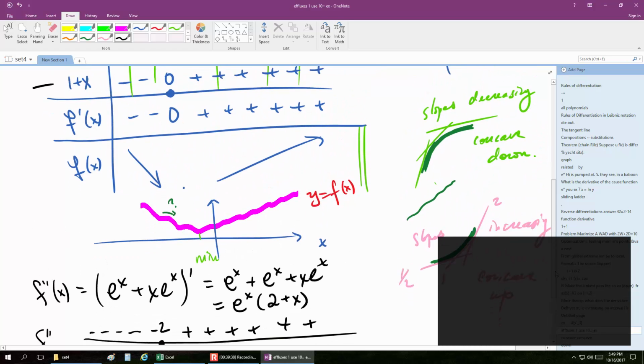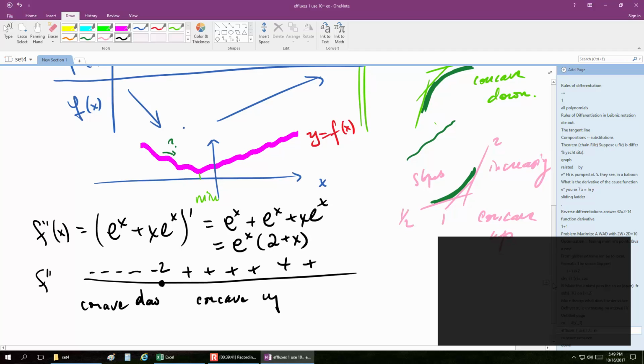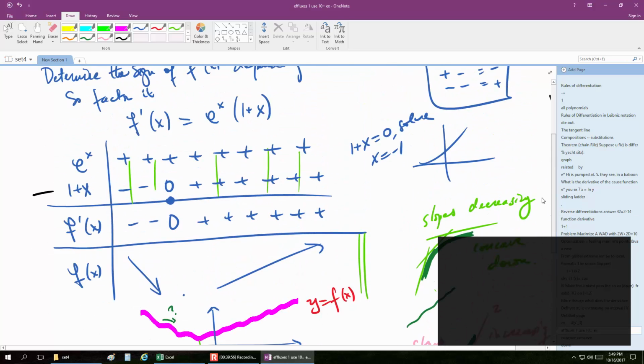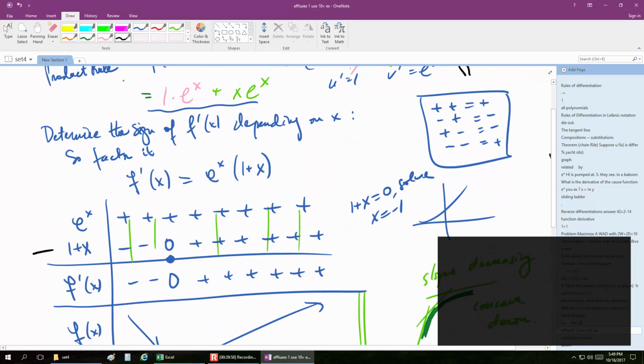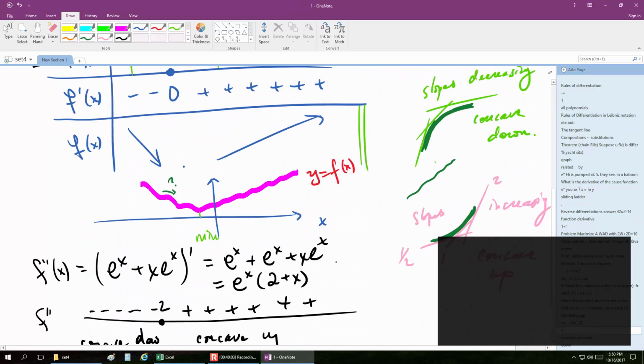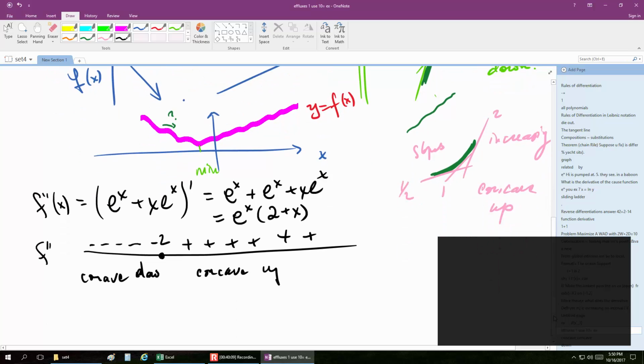Is it decreasing and increasing? No, this is the second derivative, and it is indeed negative for x less than negative 2, and then positive for x greater than negative 2. I don't think I differentiated it right. x e^x plus e^x, so that's our function. The first derivative is right here. I differentiate again and get e^x times 2 plus x, and it is 0 at negative 2.